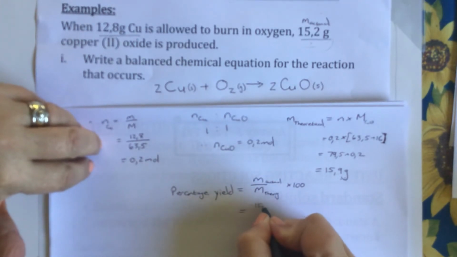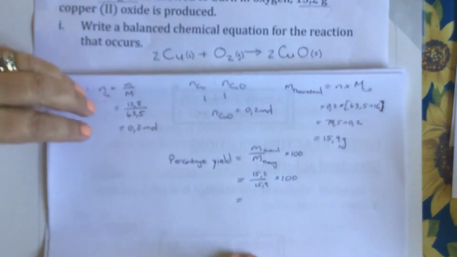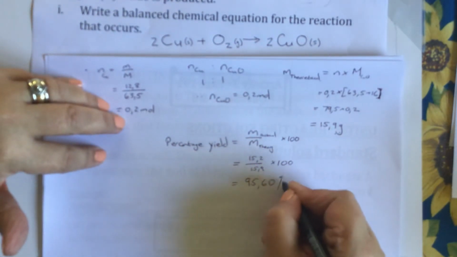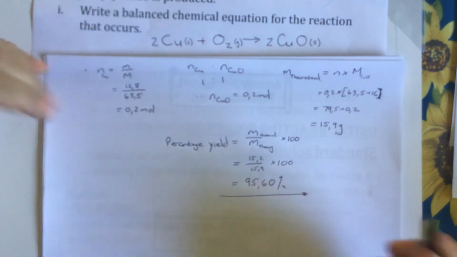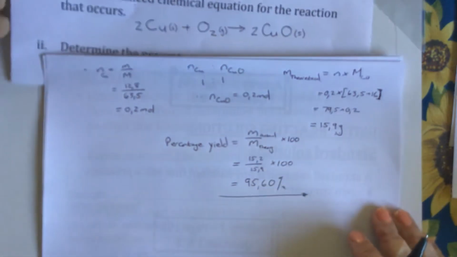So that gives me 15,2 over 15,9 times 100. And the percentage purity in this case was then 95,60%. Right. And there we know how pure this sample of copper was.